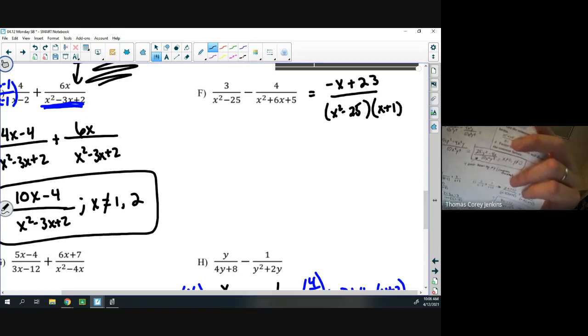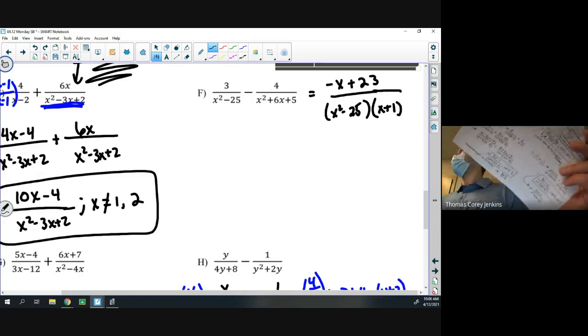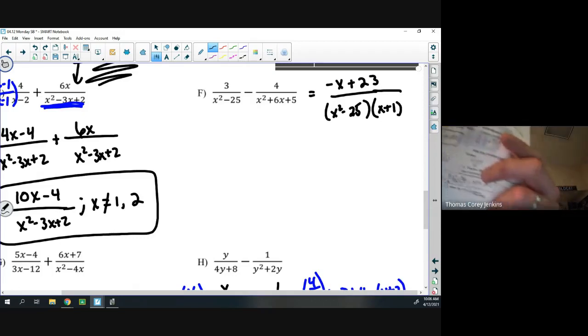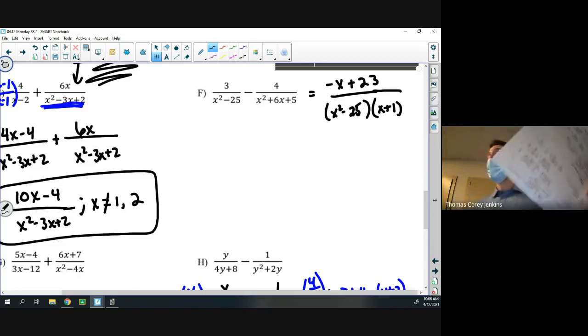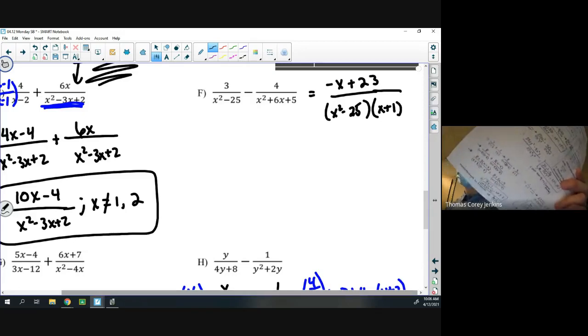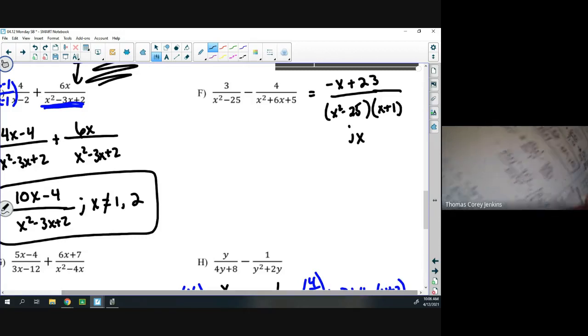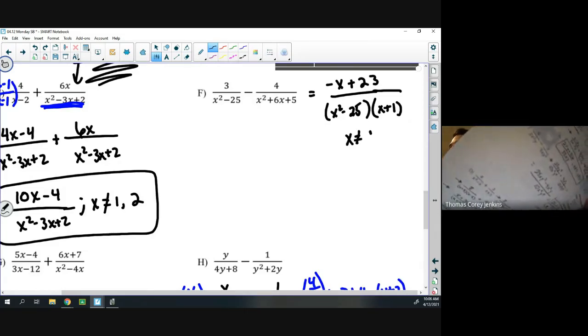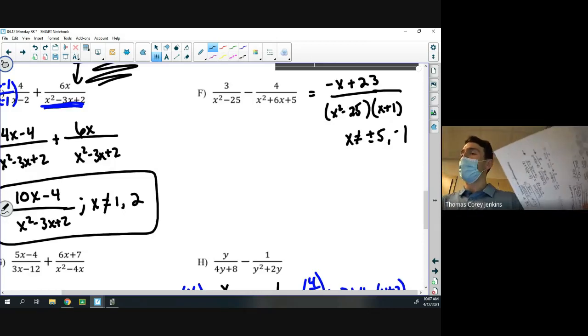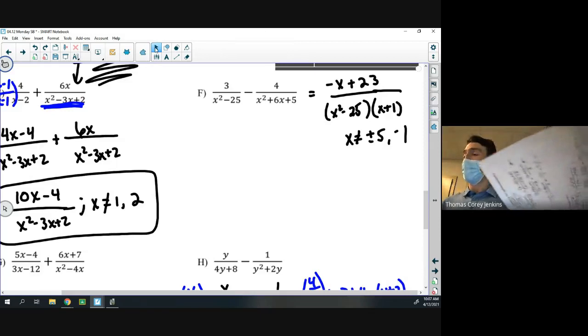Or if you simplified that out further, you may have to on MathXL. I'm not sure if they would accept that or not. But if they didn't, the more simplified denominator would be x cubed plus x squared minus 25x minus 25. Okay, so anyways, that's it. And then your restrictions are that x can't be plus or minus 5 or negative 1. So that's just the answer. That doesn't give you a whole lot of information, but I will come back and give you more on that.